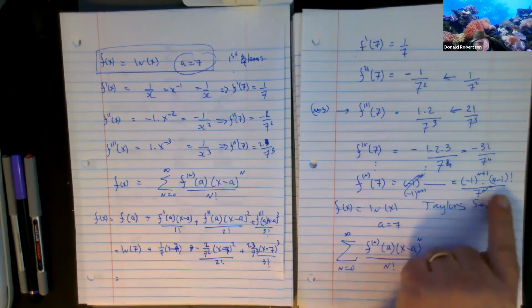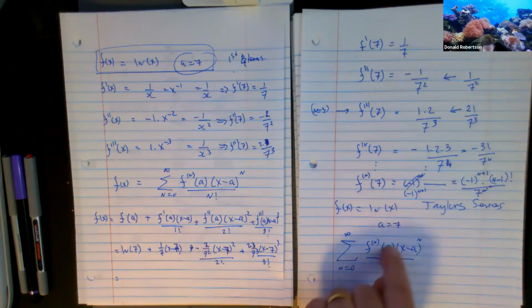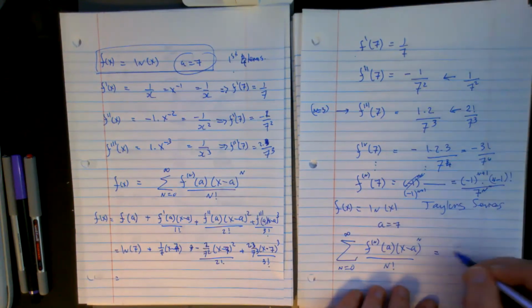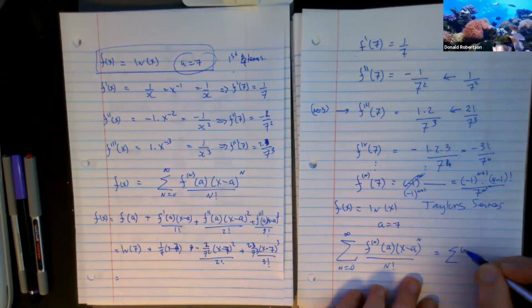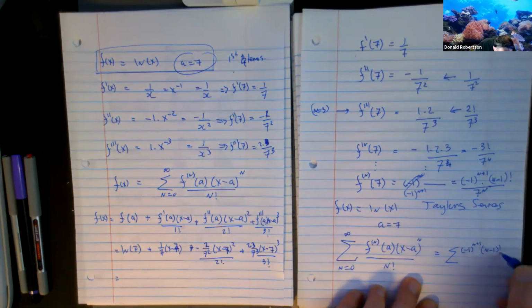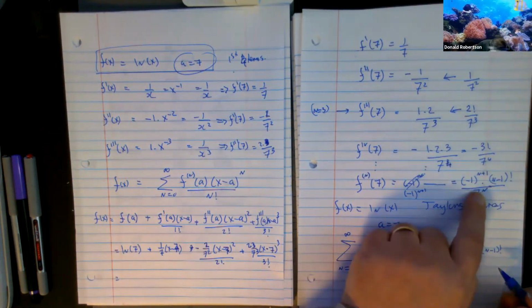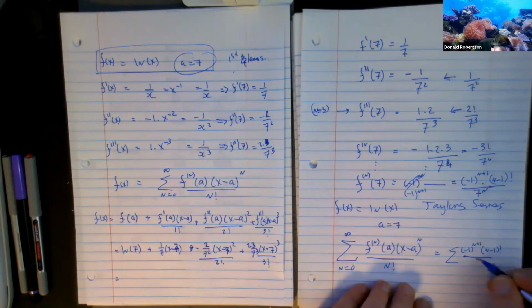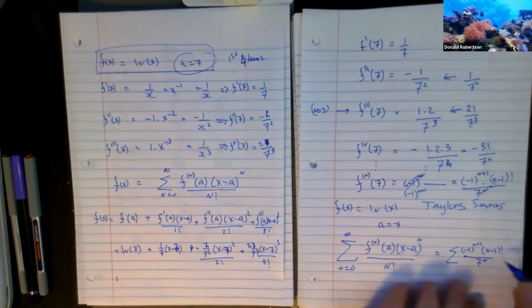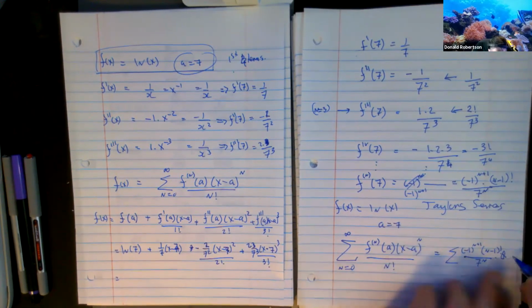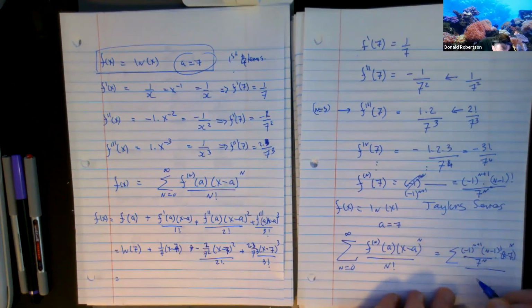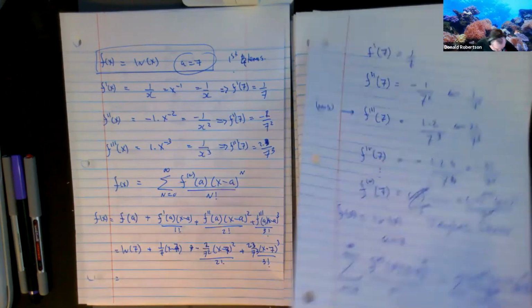That now means I have the guy that goes here. It's going to be negative 1 to the n plus 1, n minus 1 factorial, over 7 to the n. The x minus a becomes x minus 7 to the n, and the whole thing is over n factorial.